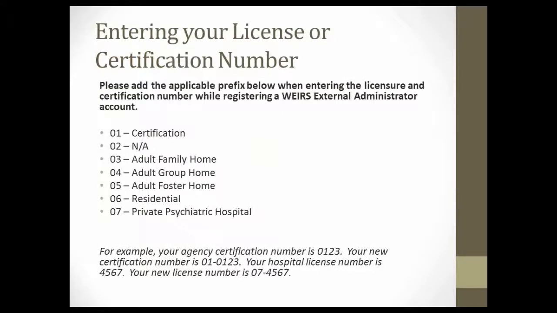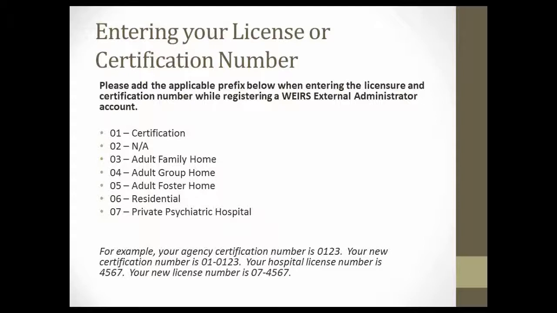These are the numbers that I referred to with the different prefixes. Whenever you're doing your online application, and from this point going forward, this will be a part of your license number or certification number. So 01 represents the Certified Mental Health Agency. 02 has yet to be assigned, but 03 is the family home, 04 is the group home, 05 is the foster, 06 the residential, 07 is the private psych hospital.